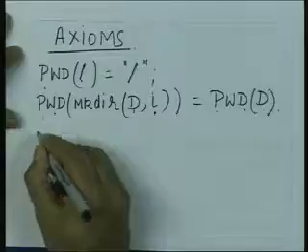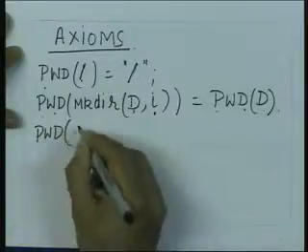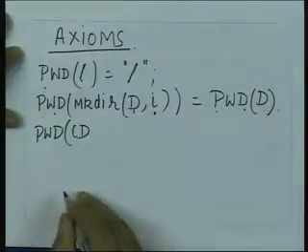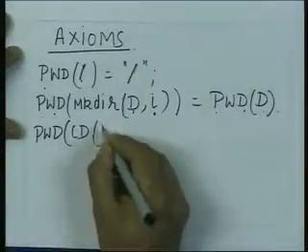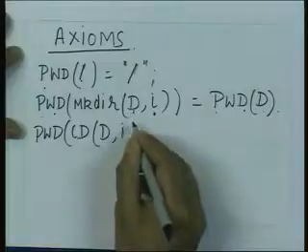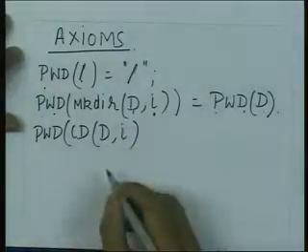Similarly, we can apply the pwd operation to the change directory structure as well, and change directory also takes two arguments. Remember, it takes d and I as the two arguments.